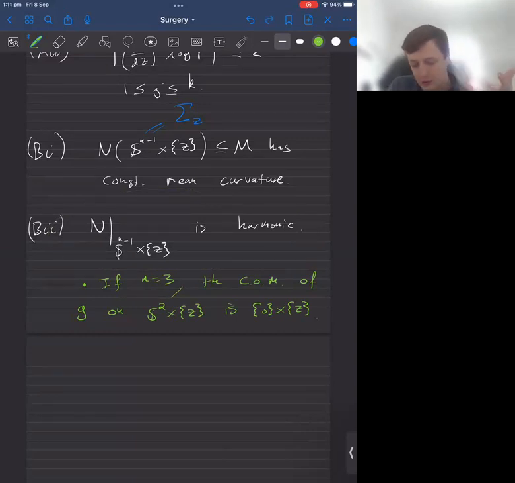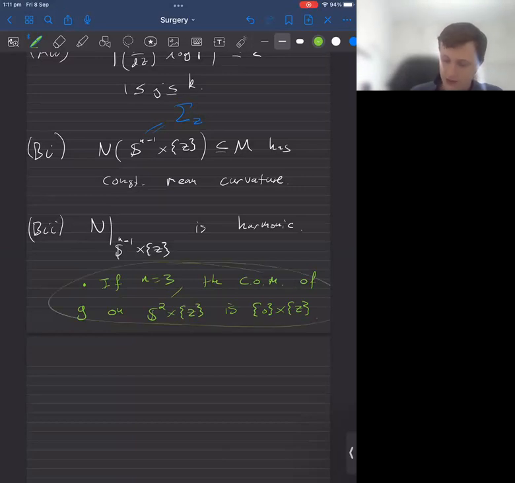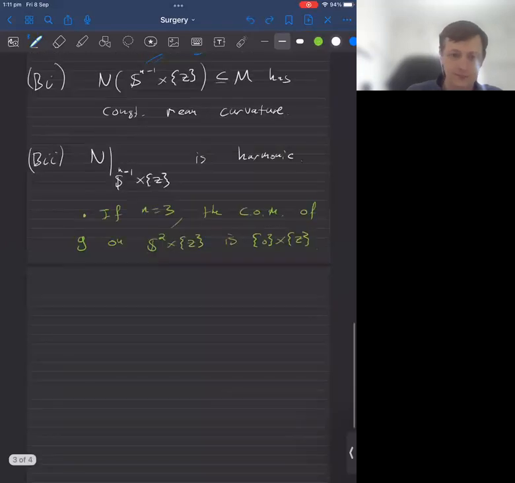For n equals 2, you've got this degree of freedom that comes from conformally rescaling. So I think you can conformally rescale these harmonic maps in dimension 2, but you can't in 3 or higher. And so that's why we have this extra condition here on the center of mass to get our uniqueness.